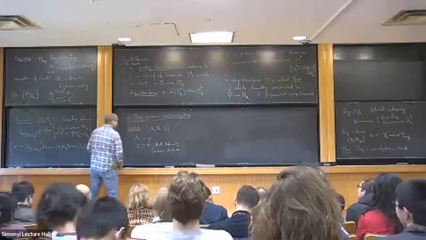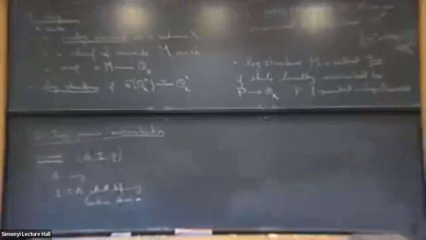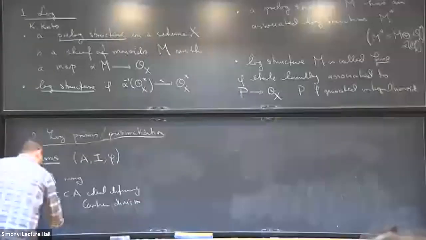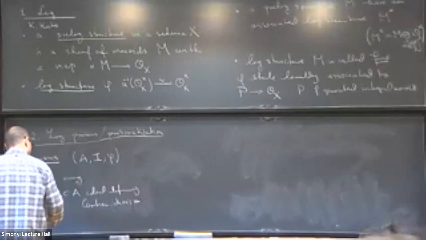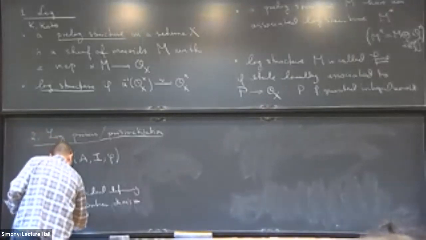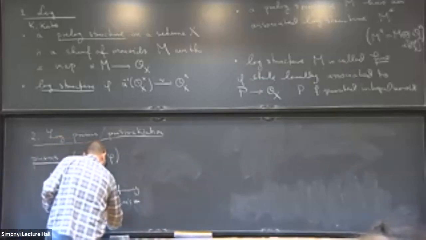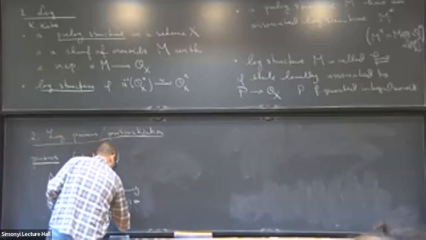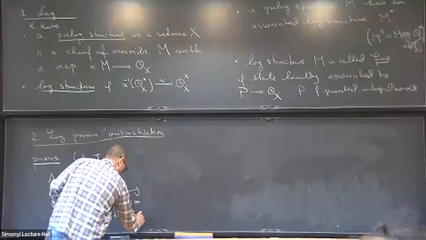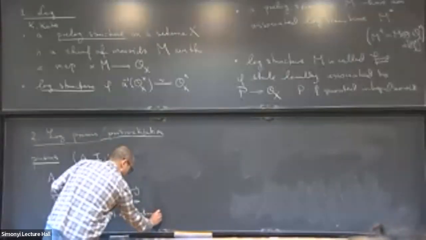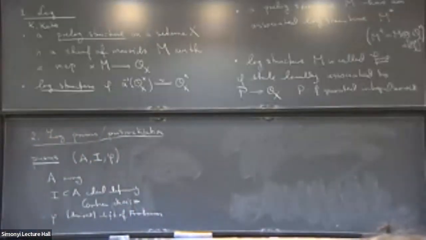And because I want to think of things geometrically, phi will be a derived lift. This is explained by Olsson, for example.